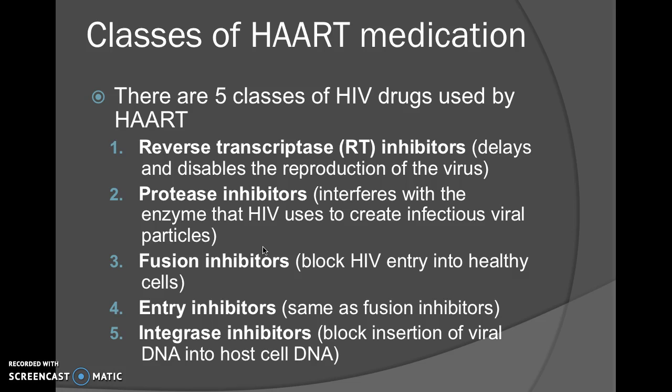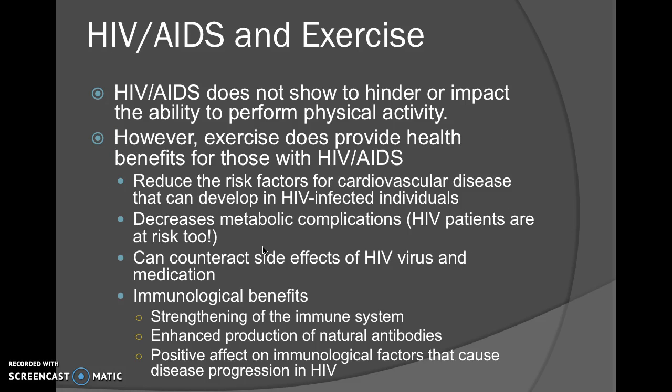And then you have fusion inhibitors, which block the HIV entry into healthy cells. The entry inhibitors, they do the same thing as fusion inhibitors, where they also block the HIV entry into healthy cells. And then you have integrase inhibitors, and these inhibitors block insertion of viral DNA into host cell DNA.